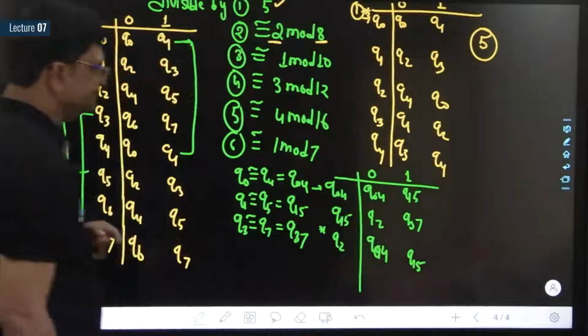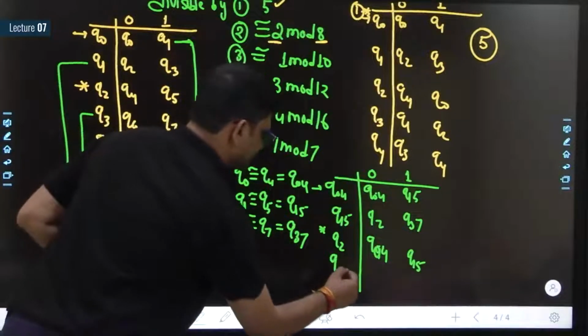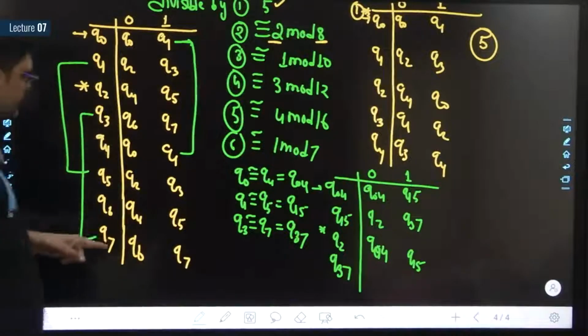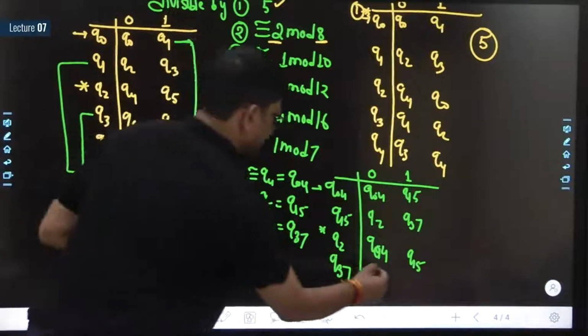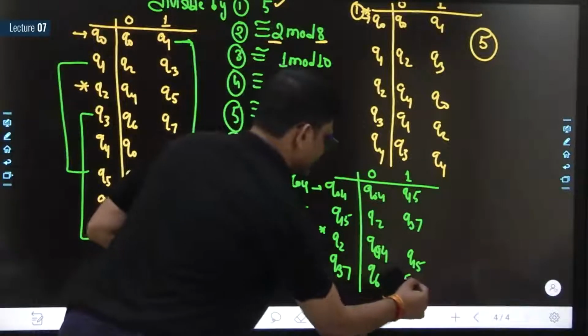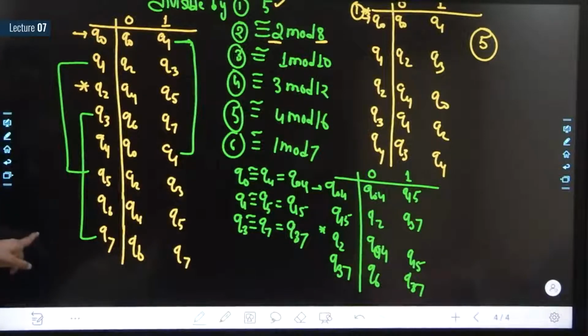Okay. Now Q3 is written as Q37. Which one is the next state? Q4 already written, Q5 already written.